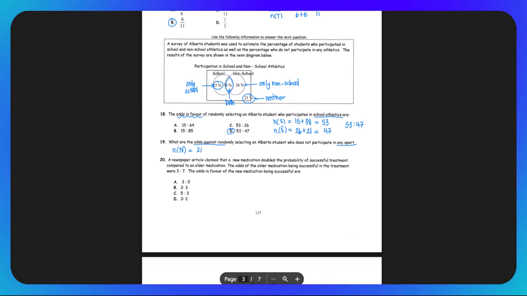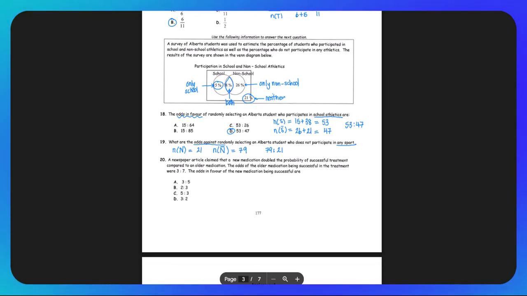So that means the total that are not taking neither, in other words, they're taking one or the other or both, that's going to be 79. So in total, it says, what are the odds against? Well, that would be 79 to 21.